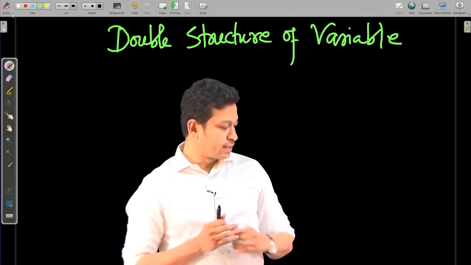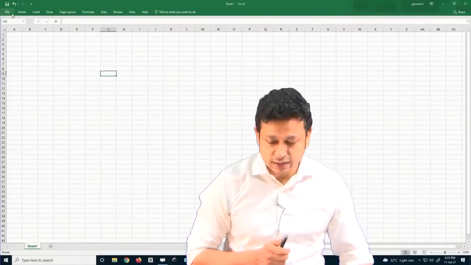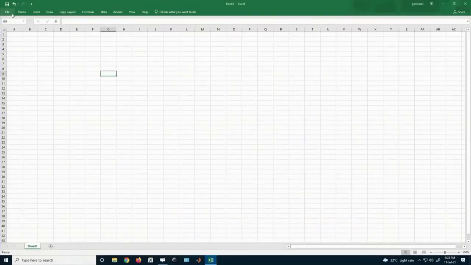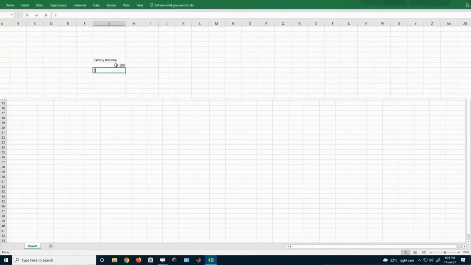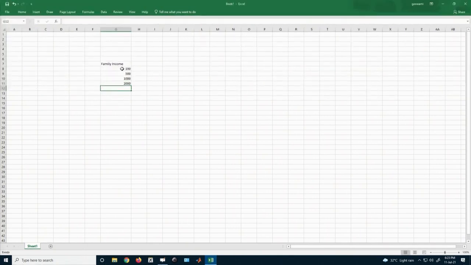And let us say I get these results, I will create fictitious numbers, and let us say I have this family income, and let us say I have 100, let us say 500, let us say 1000, then 2000, and this is weekly income, let us say.